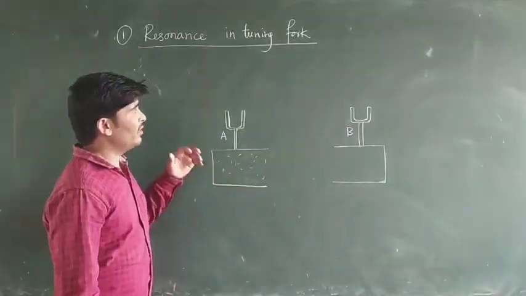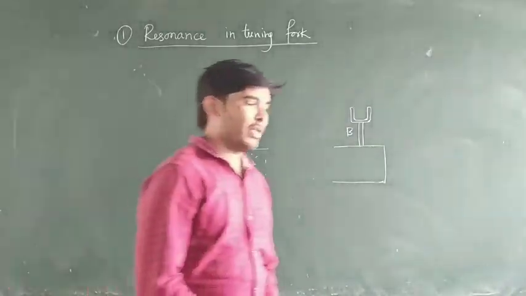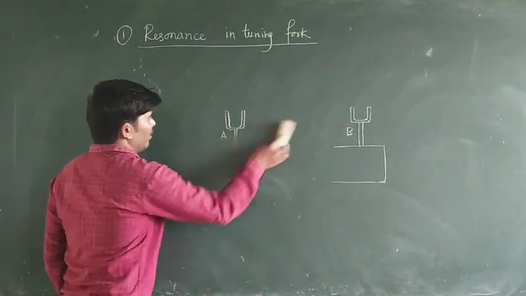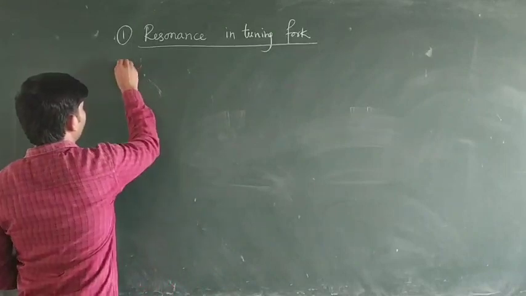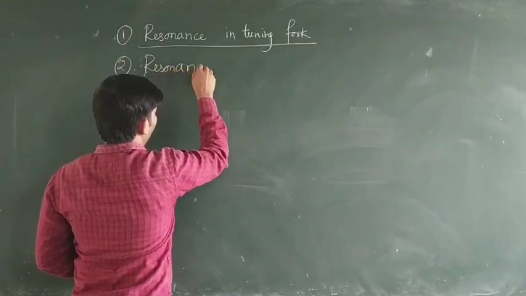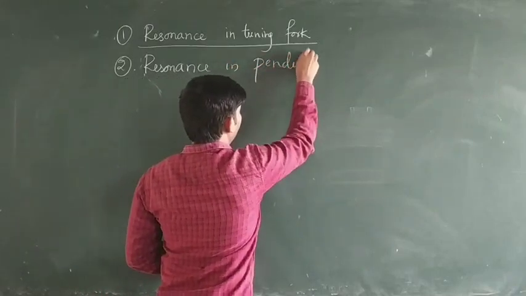This is how resonance takes place in the case of a tuning fork. And the second one is about resonance in a pendulum.